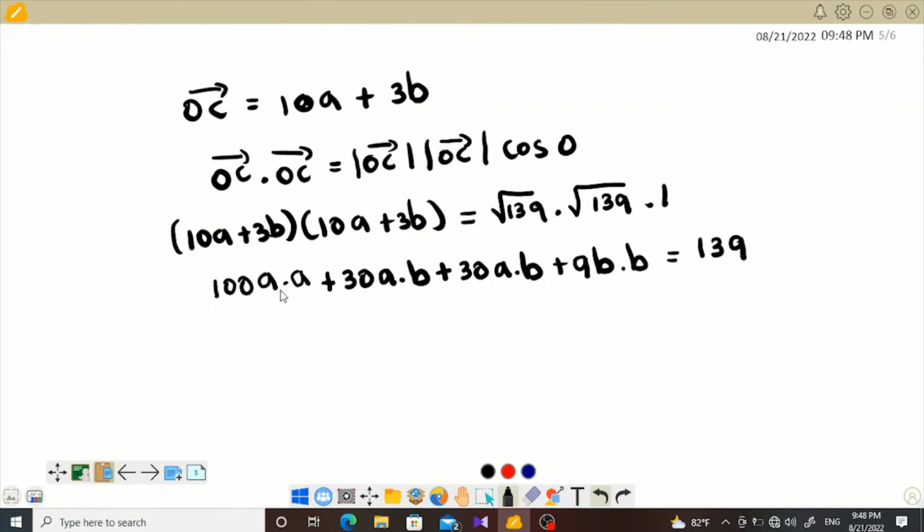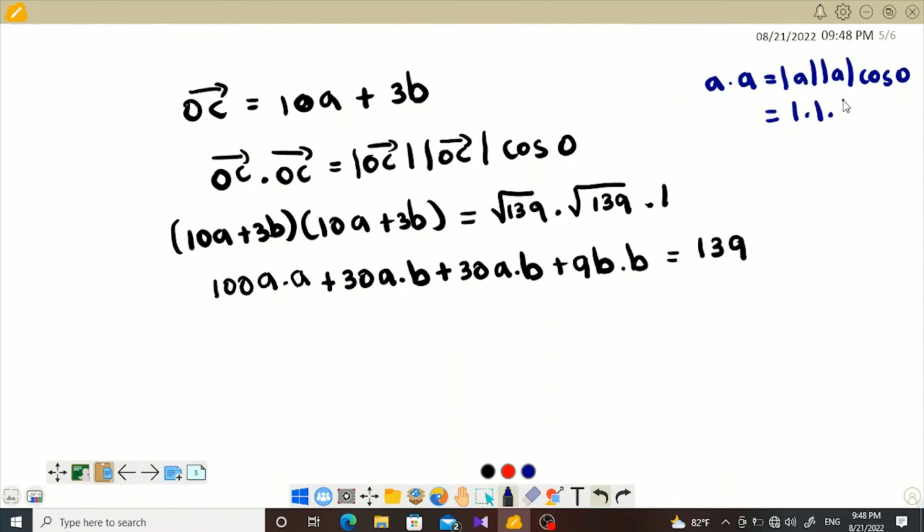I can get the answer for a dot a and b dot b as follows. We know that a dot a, applying the dot product to the unit vector a, is modulus a modulus a cos 0. We know that a is a unit vector, so modulus a is 1 into 1.